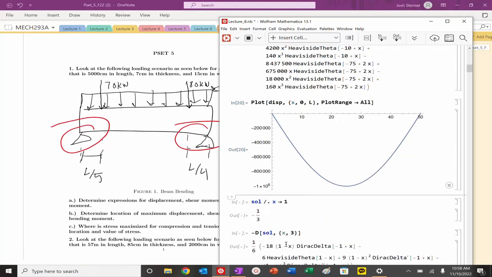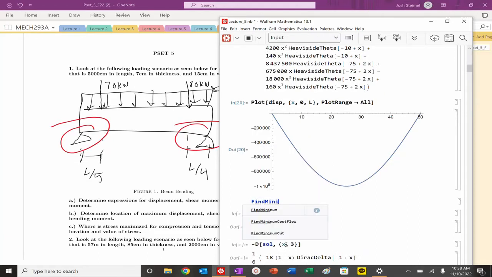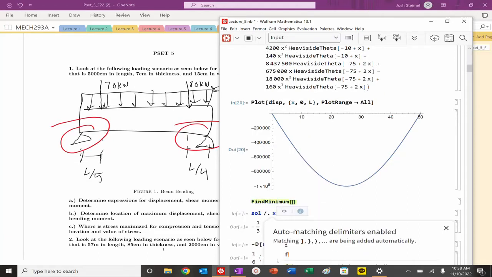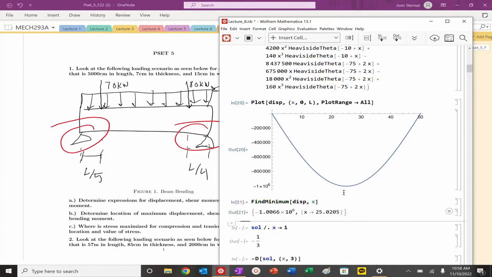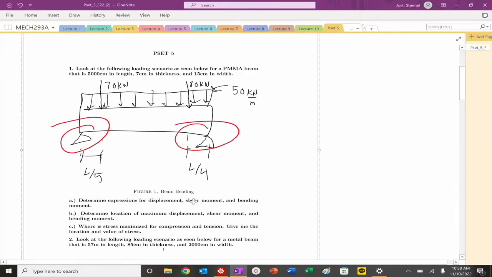Excellent. So if I want to find my maximum displacement, I find the minimum of displacement for x, and I can see where that's located and the actual value here. Quite a lot of displacement. I needed the expression for displacement, shear, and bending moment.